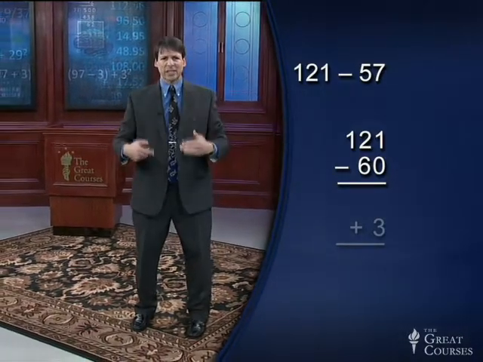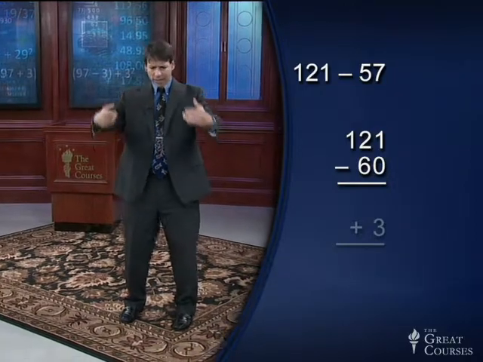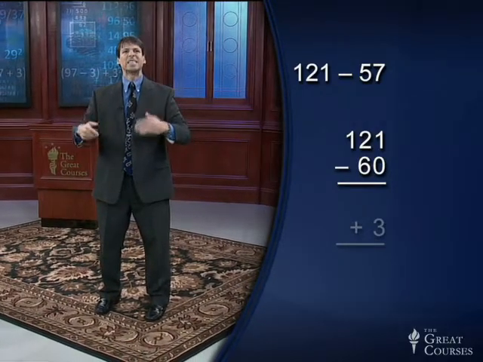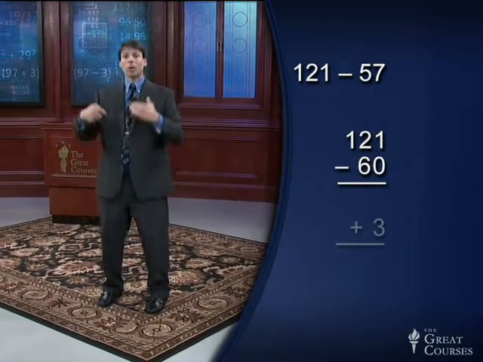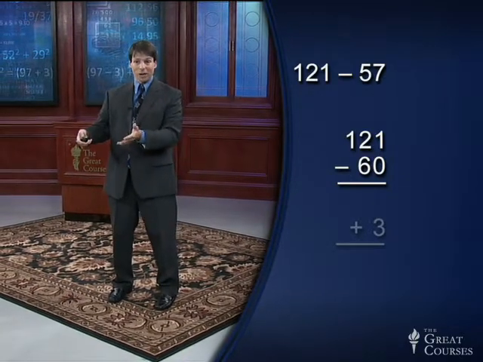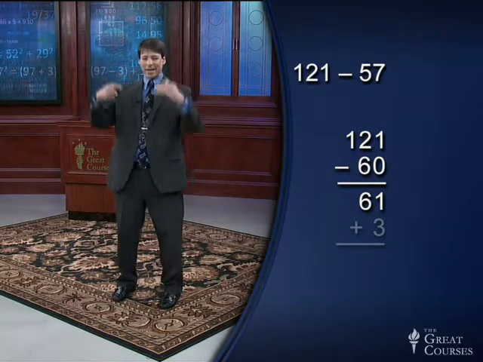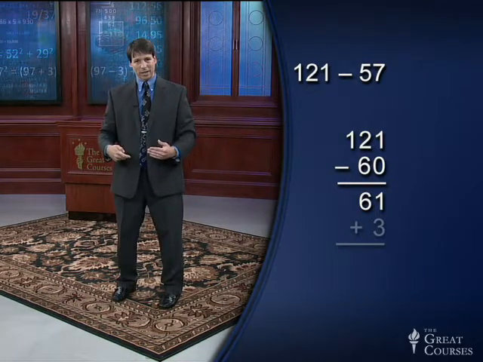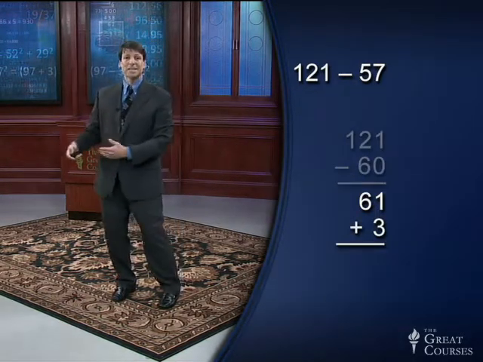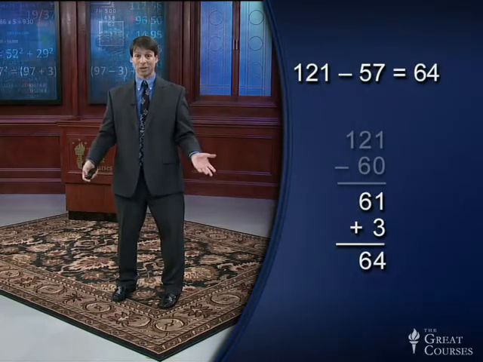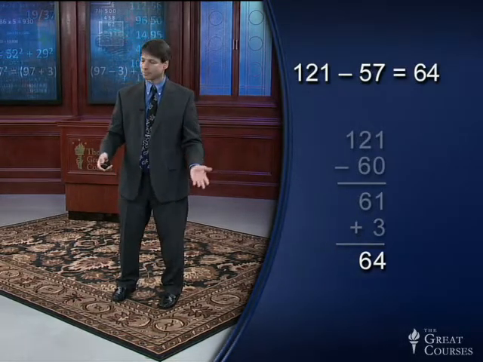Well, 120 minus 60 is 60. When we include the 1, we have 61. So 121 minus 60 is 61. Add back 3 to get 64, and that's the answer.